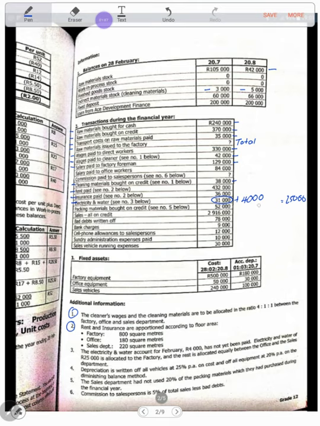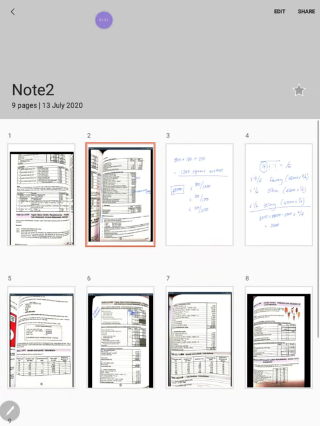So let's work out what that is. If we say 31,000 plus 4,000 subtract the 25,000 that is due to the factory, how much is left? The 10,000 Rand, which obviously will be divided. So let us go and have a look at that calculation.